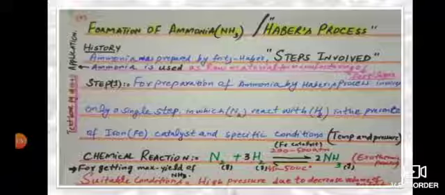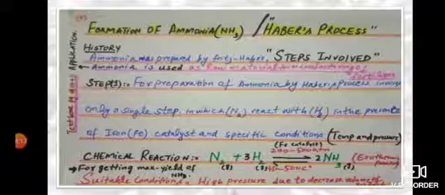This is a reversible reaction, like ammonia can form, and ammonia can decompose into nitrogen and hydrogen again. This is also an exothermic process, and if we want to get the maximum yield of ammonia, we apply suitable conditions, like high pressure.